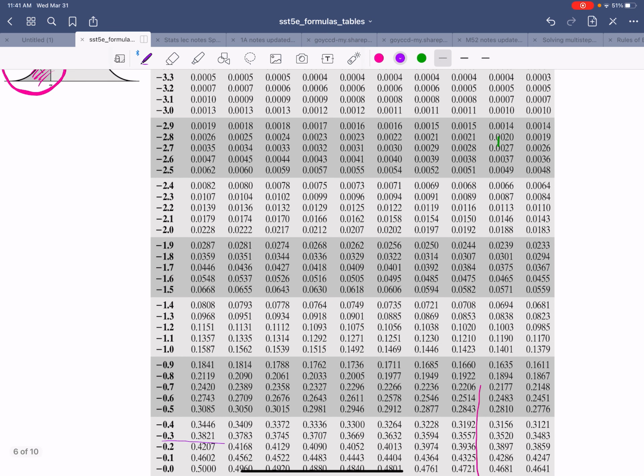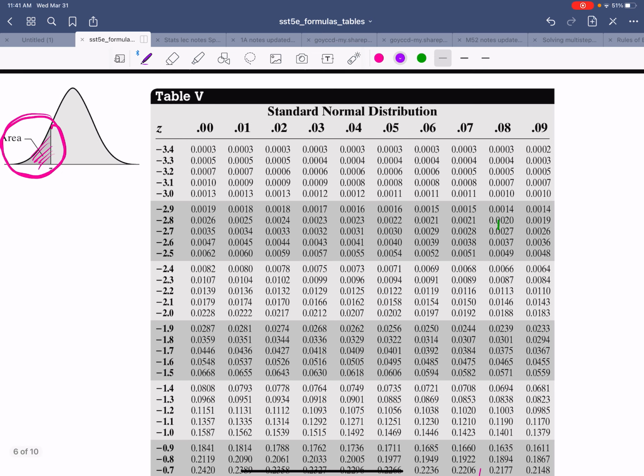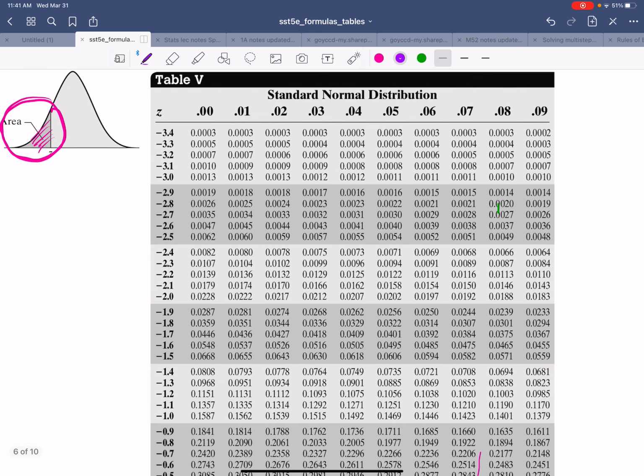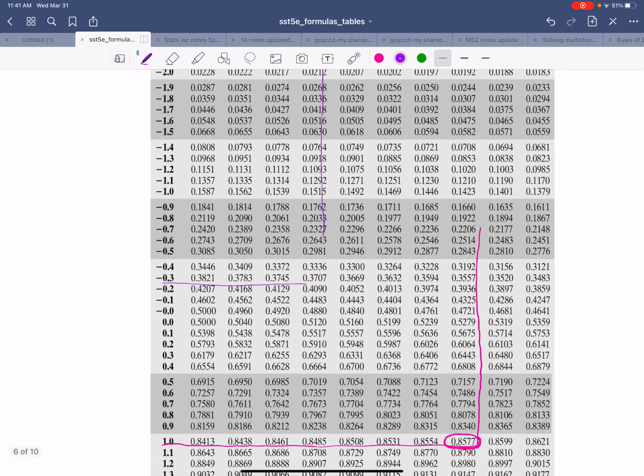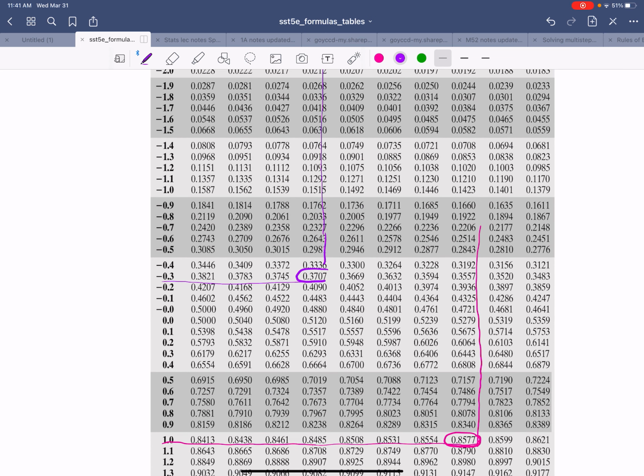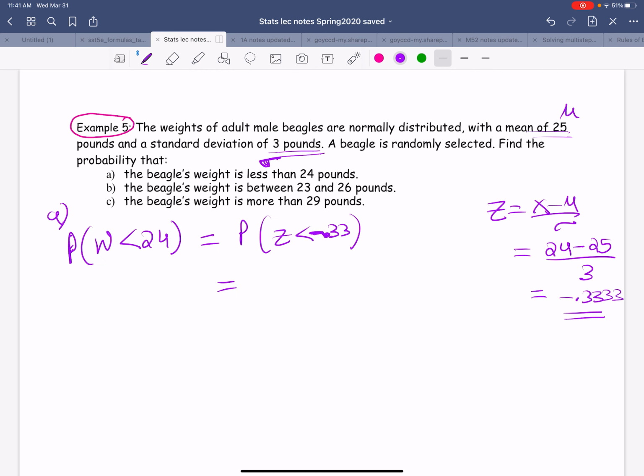Negative 0.3, and here we go, coming this way. It turns out to be 0.3707.